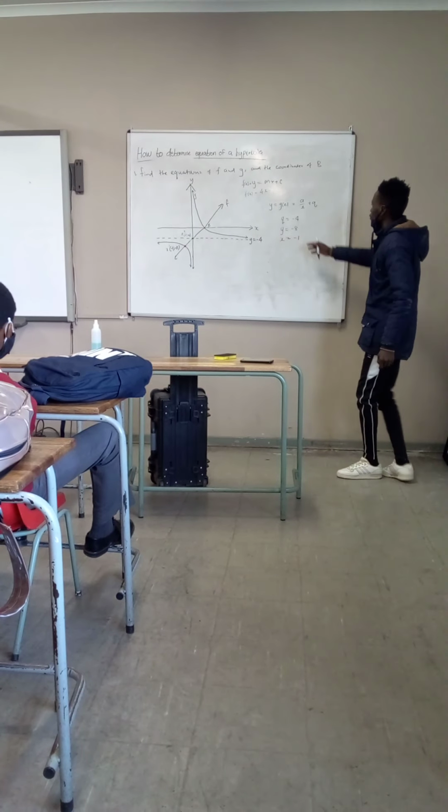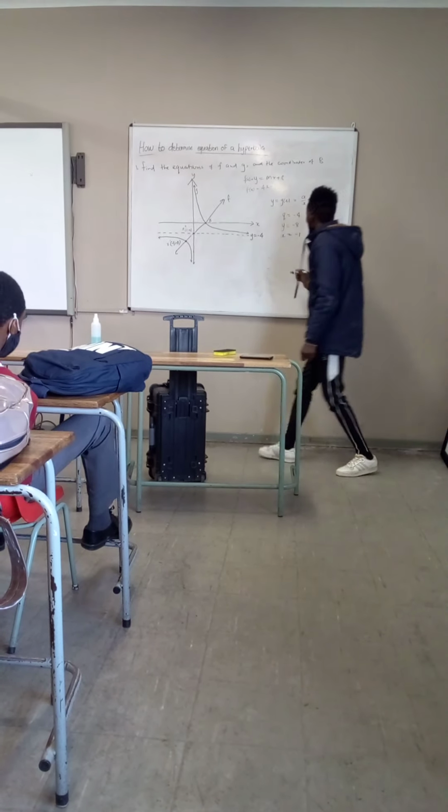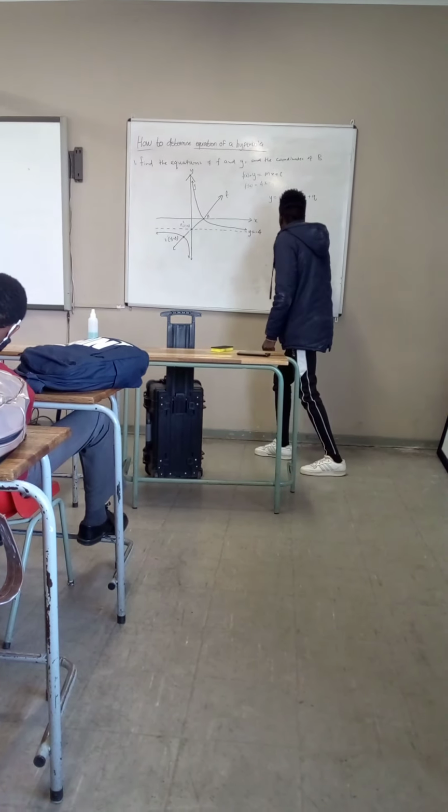Now we are going to substitute to find the value of a. We have -8 equals to a over -1 plus -4. Then we transpose -4 to the other side of the equation. It's going to be +4. And then what is -8 plus 4? It's -4 again. So we are going to have -4.